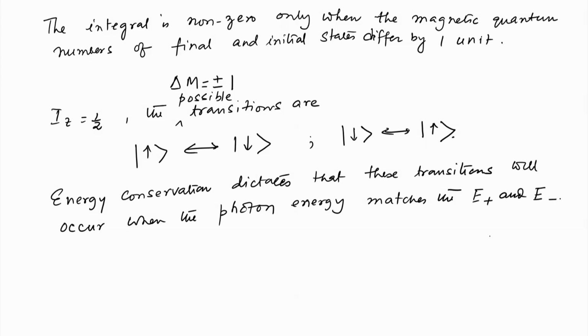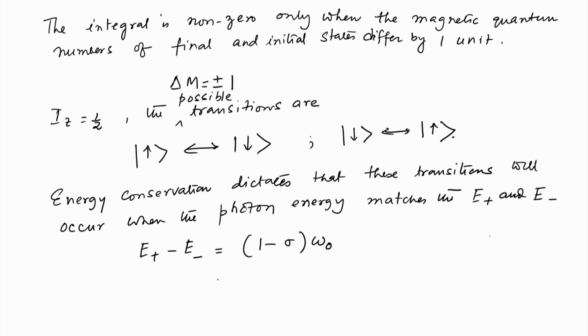Here one can easily see that E plus minus E minus is equal to (1 minus sigma) omega 0. So, if we do this experiment, we should get one frequency in the spectrum corresponding to this.